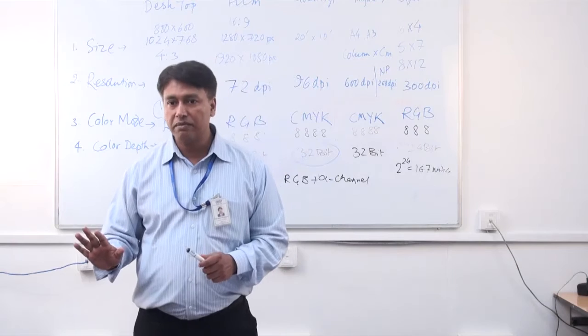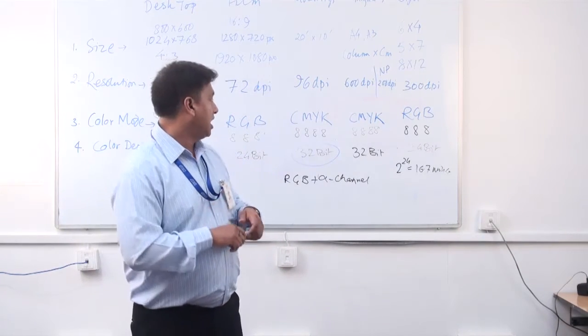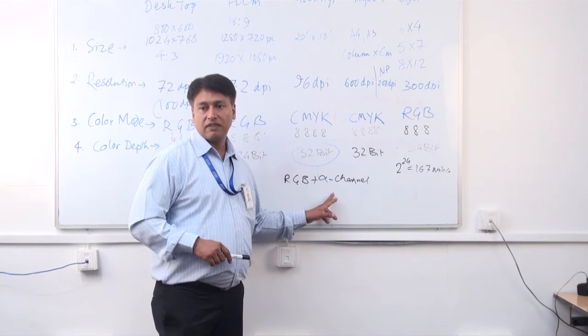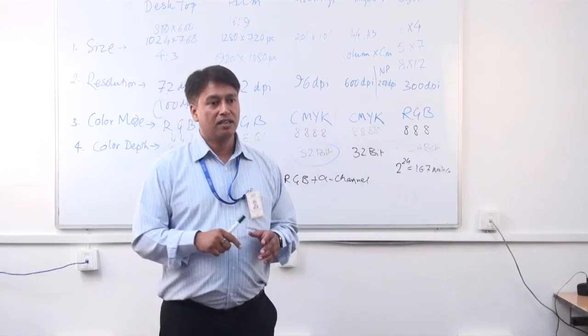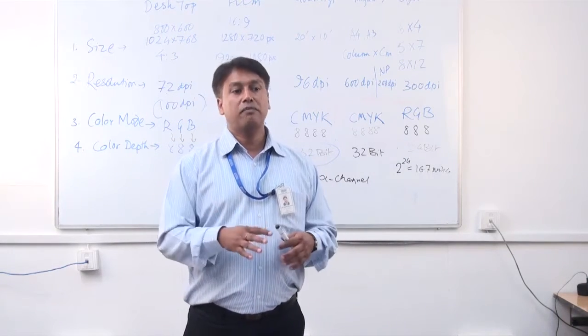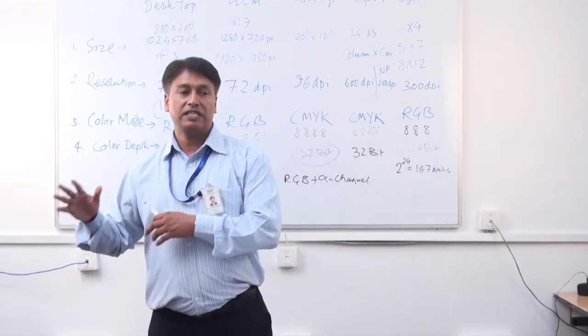It must have a transparent background. So this transparent background is saved in an alpha channel. When you make animations and render them, you render with an alpha channel so that it has a transparent background, and this transparency is saved in the alpha channel.